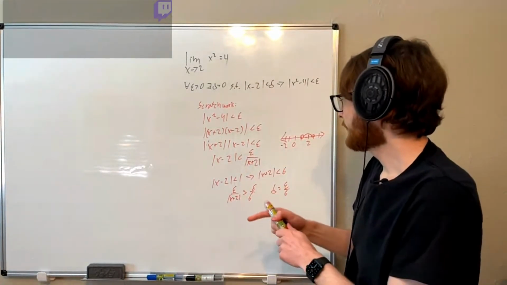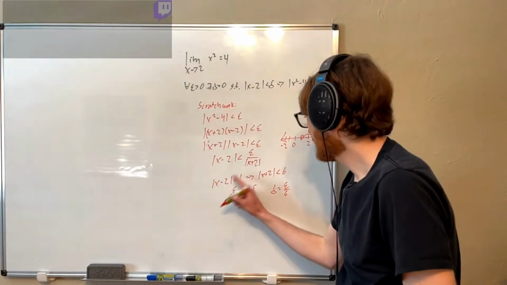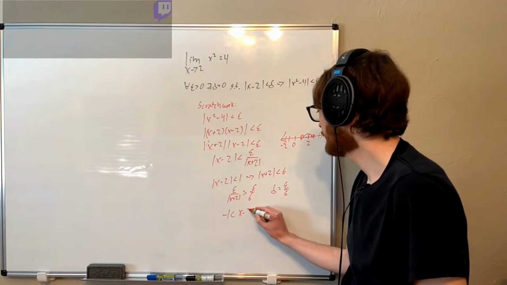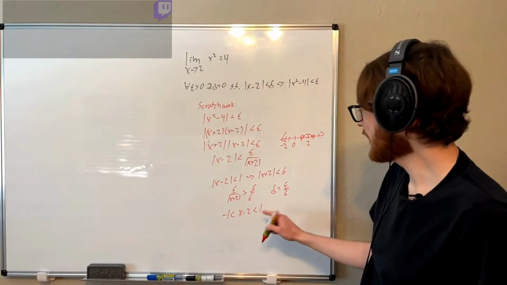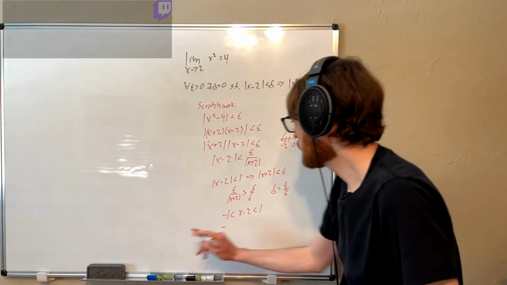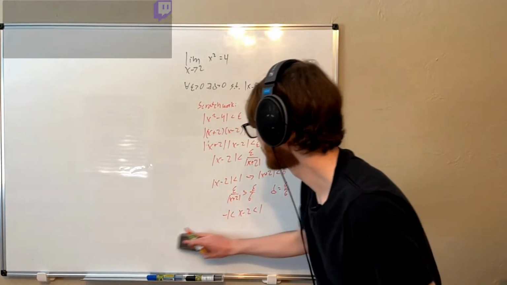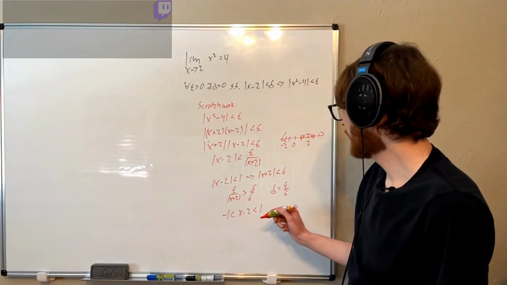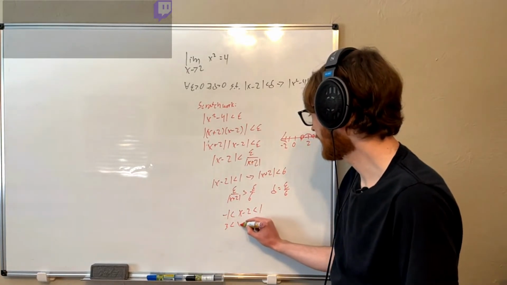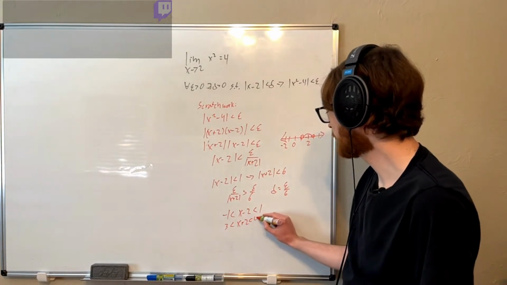If we have absolute value of x minus 2 is less than 1, we can just manipulate it to look like x plus 2. We add 4 to each side, right? So 3 is less than x plus 2 is less than 4.